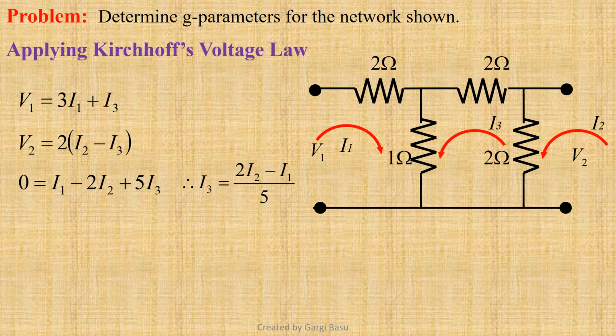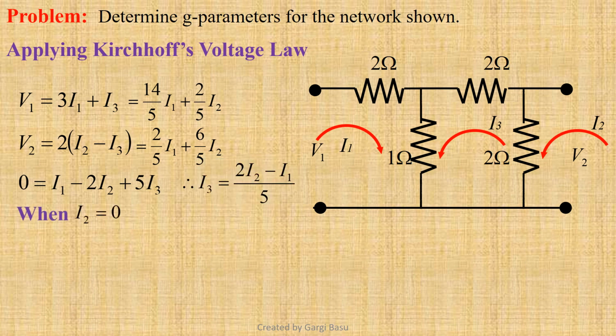Using this expression in equation number 1, we get V1 equals 14 by 5 I1 plus 2 by 5 I2. And from the second equation, we get V2 equals 2 by 5 I1 plus 6 by 5 I2. Let us open circuit the output port, that is I2 equals 0. Therefore, from the first equation we get V1 equals 14 by 5 I1.